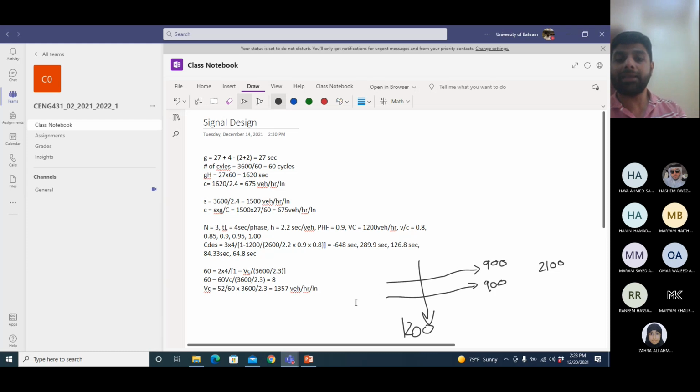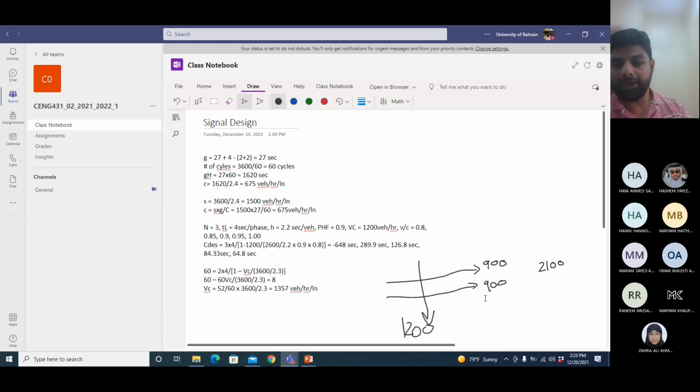Now, can my signal handle that much? No. The allowable one is still 1357, so I need to bring it down more. Again, I will use the same approach. I will introduce another lane in the direction which has higher per lane volume. That is now north-south, because it has 1200 in one lane.